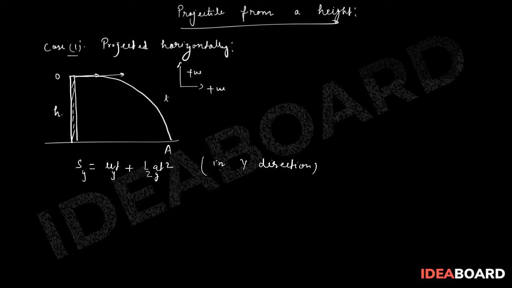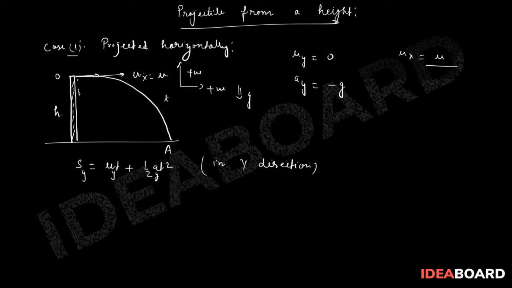now here what is known for us? So known parameters are, as you have provided the velocity ux is equal to u, so in vertical direction uy is 0. Now ay is simply, this direction is positive, upper one, so this will be minus g because gravity is downwards, right?